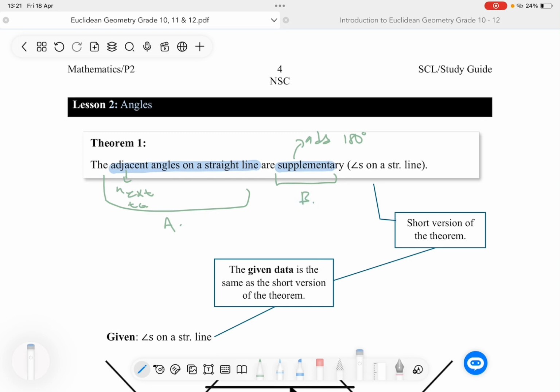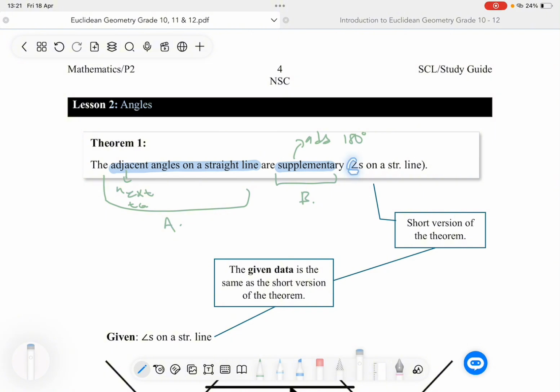With that, we sometimes like to summarize or write the theorem in short. So here in brackets, we're actually writing this whole statement, but in short. Now, when you look at this statement here, this geometric notation stands for angle.